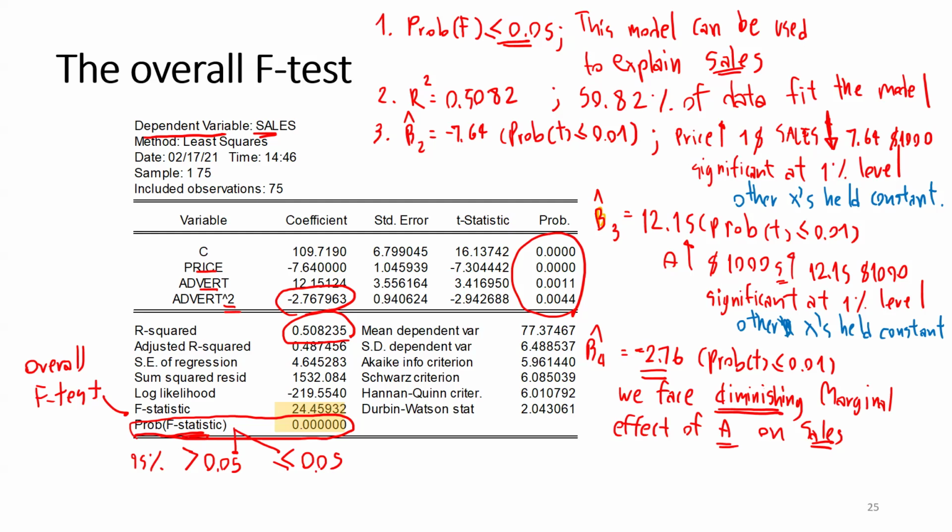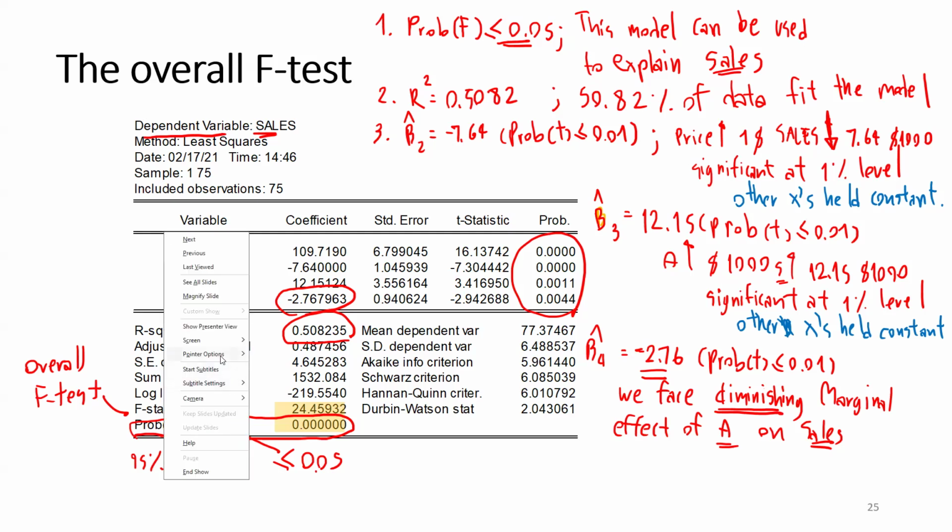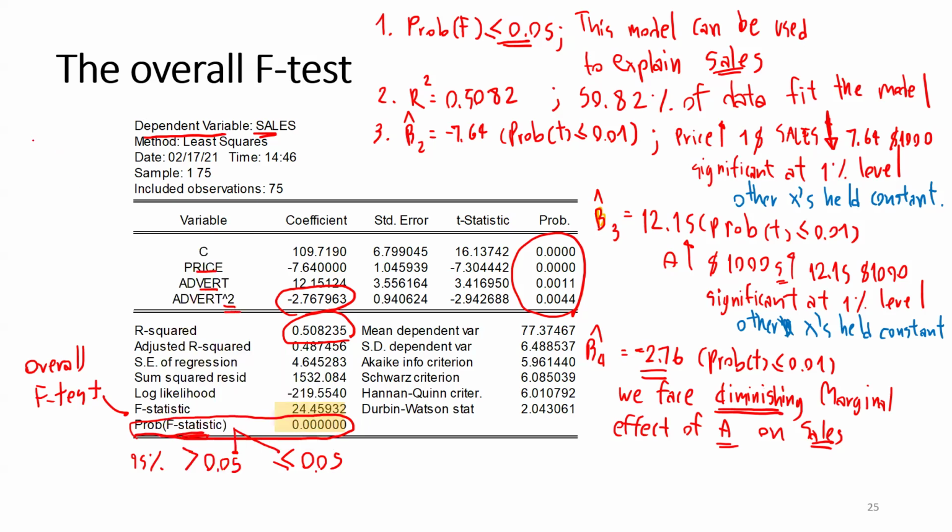So when you face the question in the exam and in the future, especially when you have to write a report, if the question asks you to interpret the result, then you have to write F first.